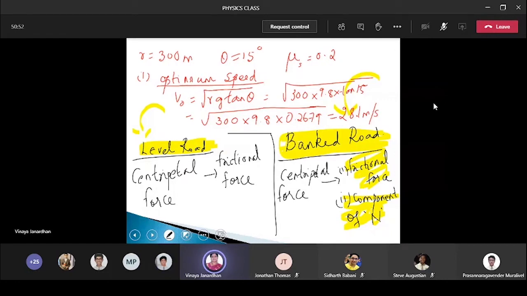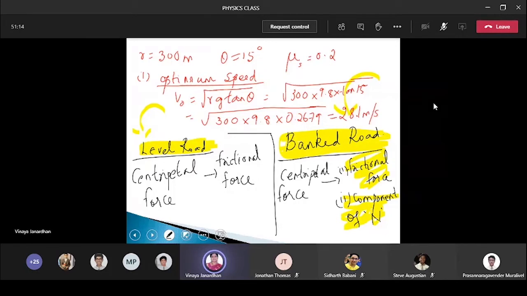Is this concept clear, boys? So in a banked circular road, when you take a U-turn, the centripetal force is not only provided by the frictional force, it is also provided by a component, meaning a part, of the normal reaction.